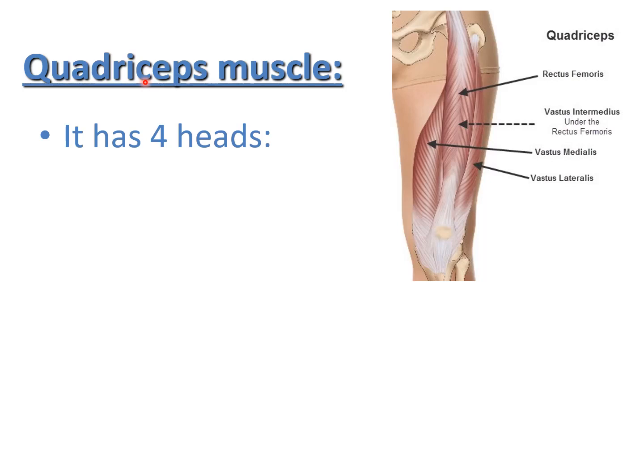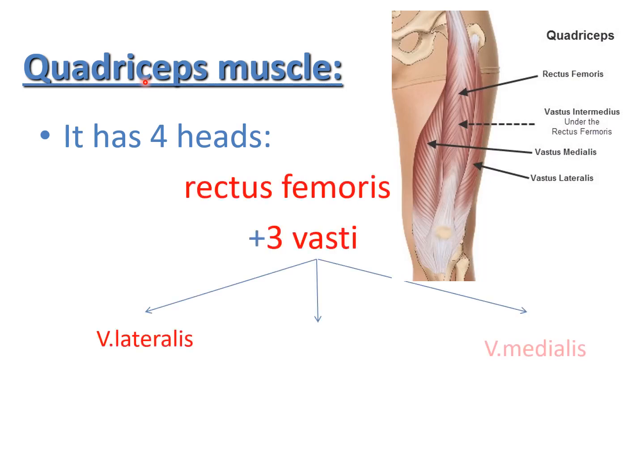The fifth and last muscle we have is the quadriceps muscle. From its name, quadriceps, it means that it has 4 heads of origin and 1 tendon for insertion.